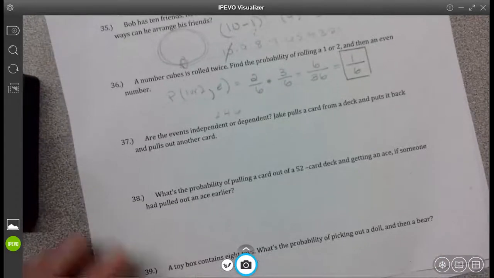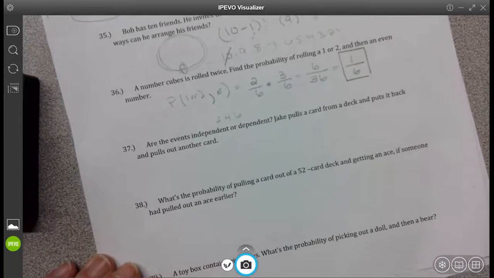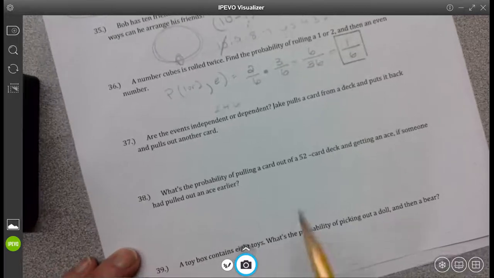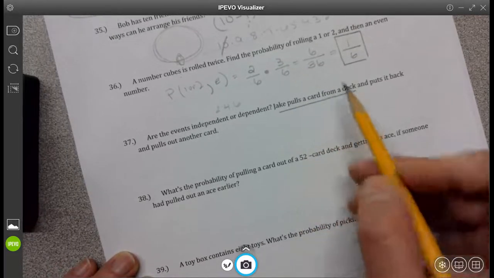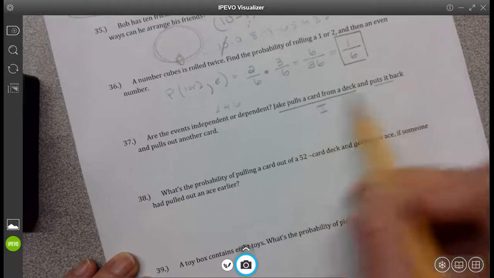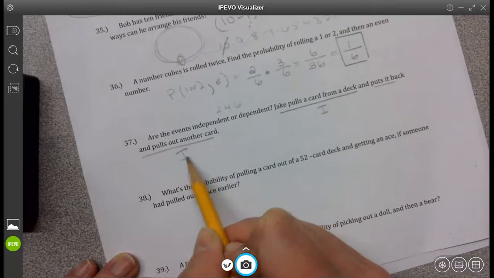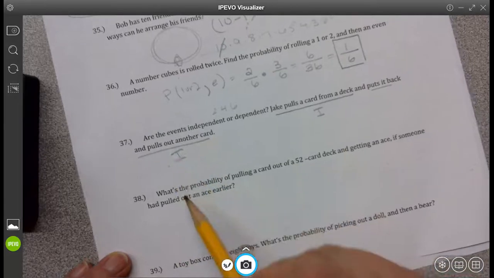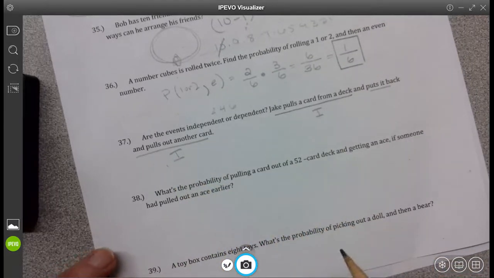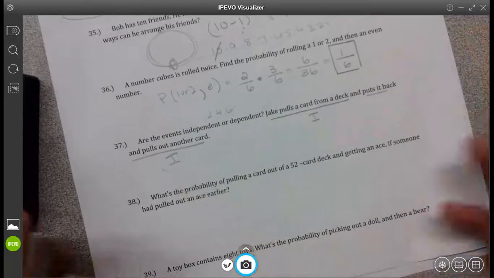Number 37. Are the events independent or dependent? Jake pulls a card out of a deck, independent, and puts it back and pulls out another card, independent. Because he put it back, they don't have an effect on each other. So you might get a question like this and you're just supposed to say independent.